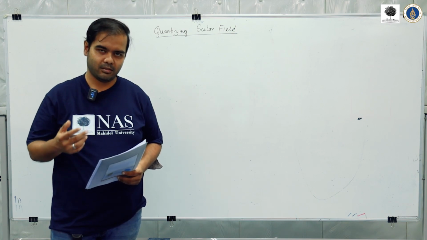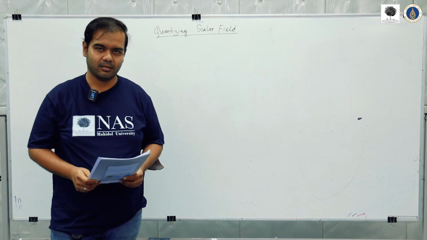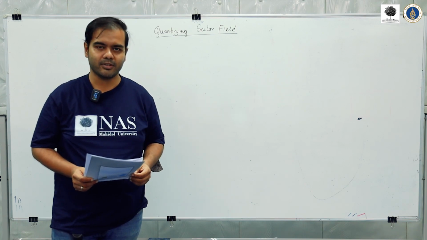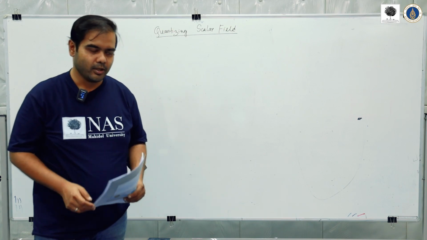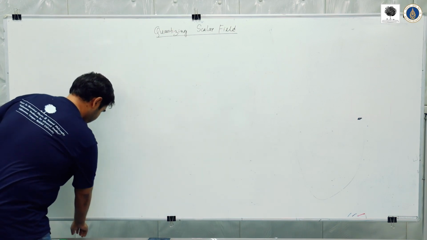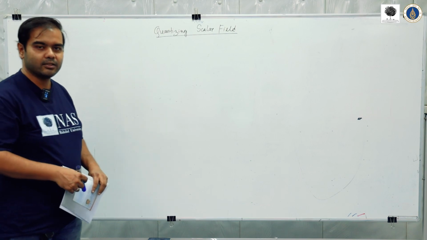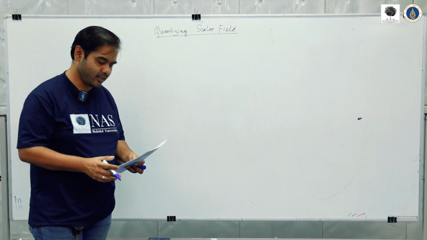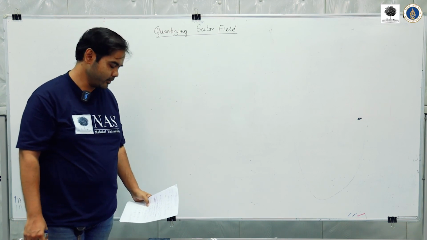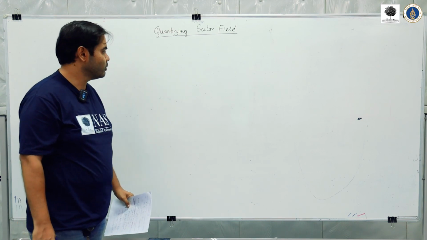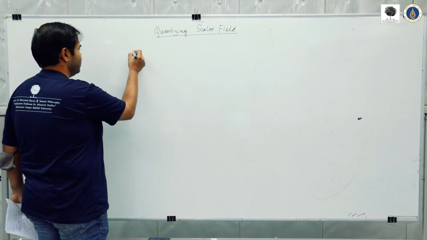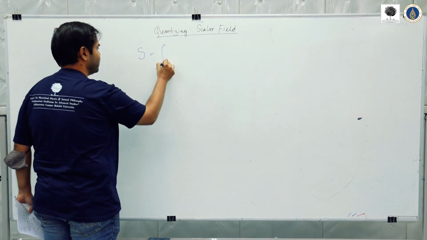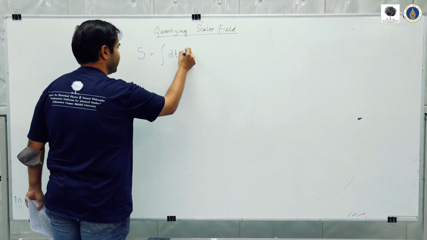What I mean by that, I cannot go into detail in this lecture. You might see the previous lecture. So in classical mechanics, we know that there is something called the Lagrangian and there is something called the Hamiltonian. We write down a quantity called action like this.